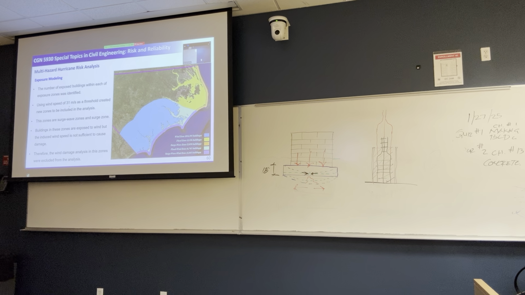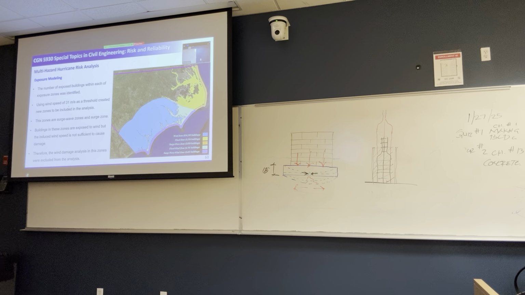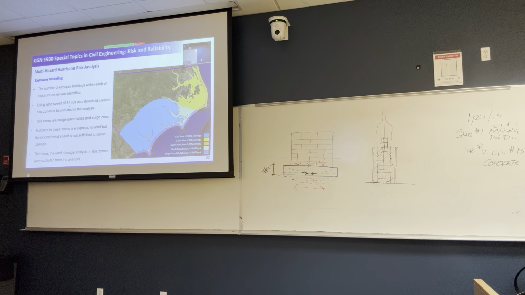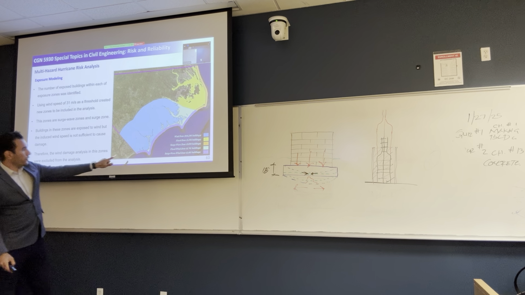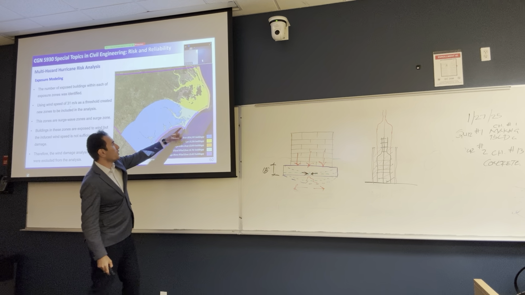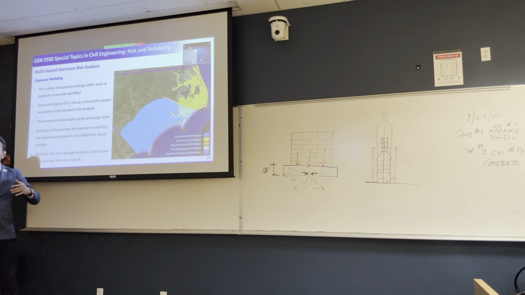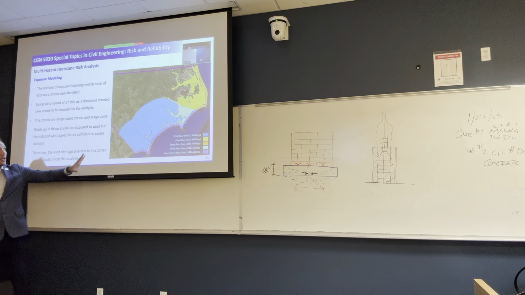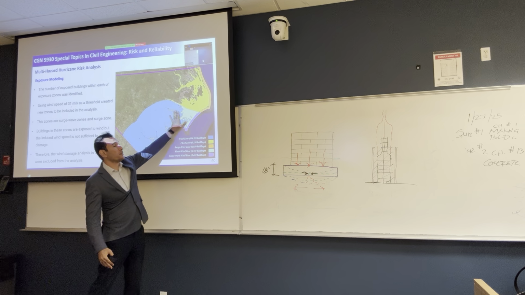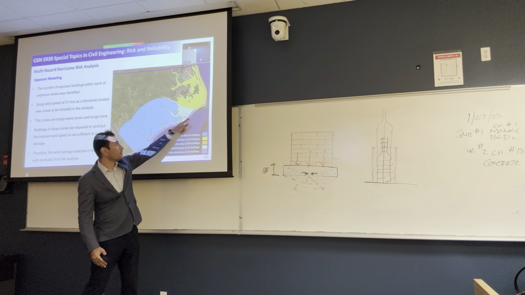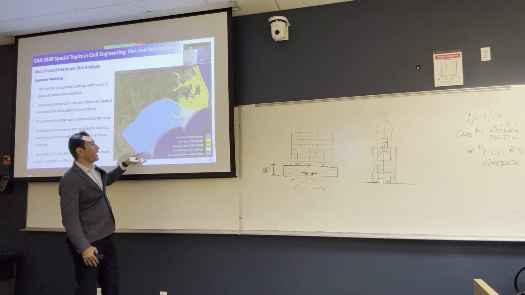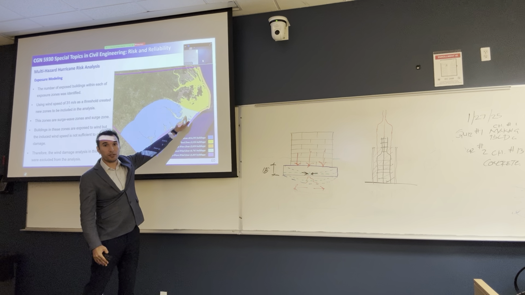But here's an interesting thing: right now we have multiple zones exposed to different hazards. Look at this zone, this line. You guys remember when I made a line to isolate the buildings that are exposed to a damageable wind speed? So all this area is exposed to wind speed, significant wave height, and storm surge.